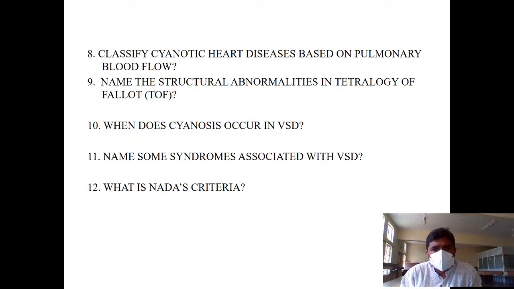Then whether it is a left to right shunt or right to left shunt. Then if it is a left to right shunt, whether it is VSD, ASD or PDA, and then the associations. These are all things you need to figure out in the history and examination of a cardiac child. So thank you. That's all for today.